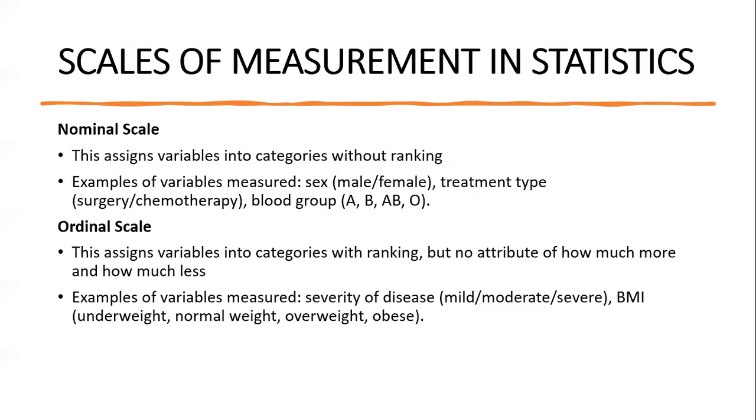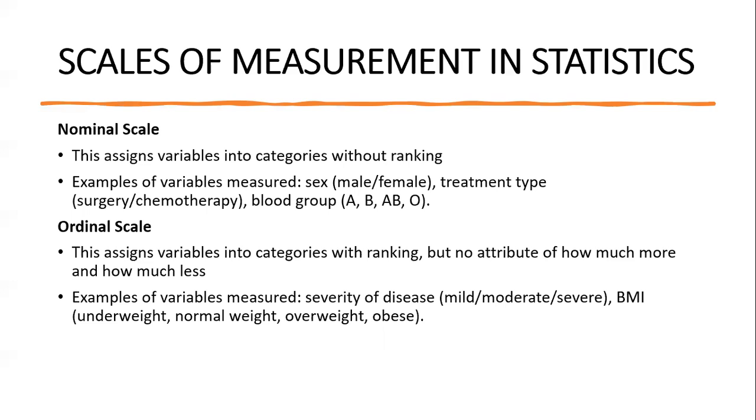With ordinal scales, there is a name given to the various values of a variable. But in addition to a name, there is some level of ranking, some order in which these values appear. So for example, disease severity: mild, moderate, severe. BMI categories: underweight, normal weight, overweight, obese.